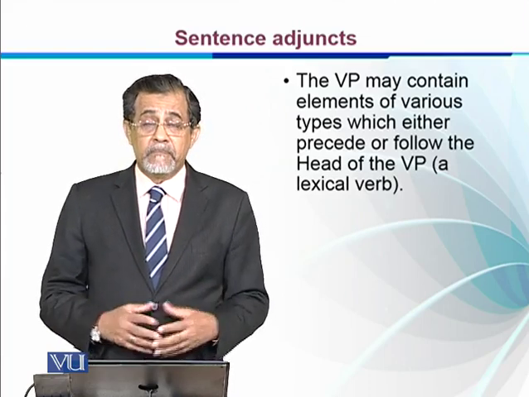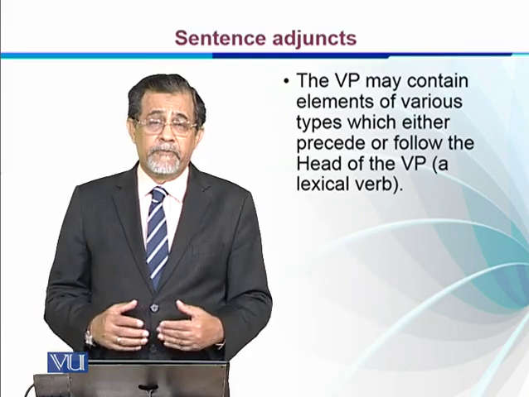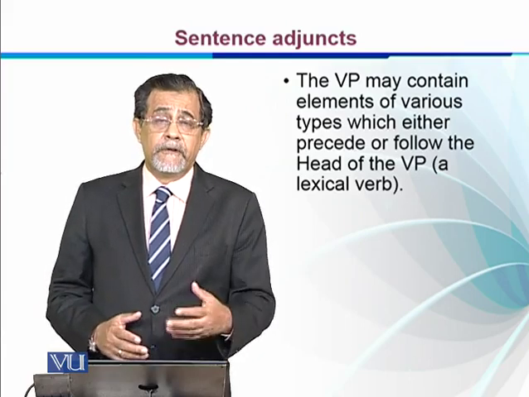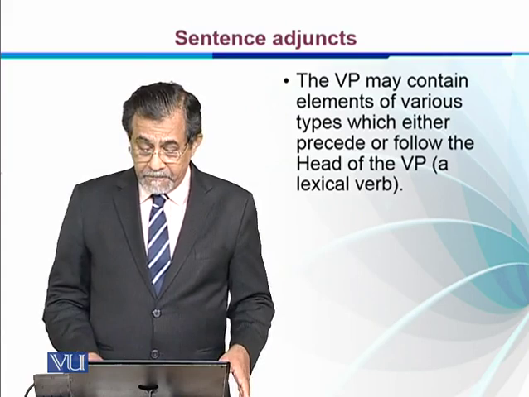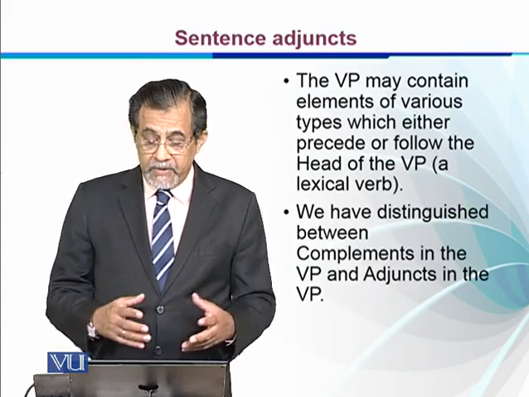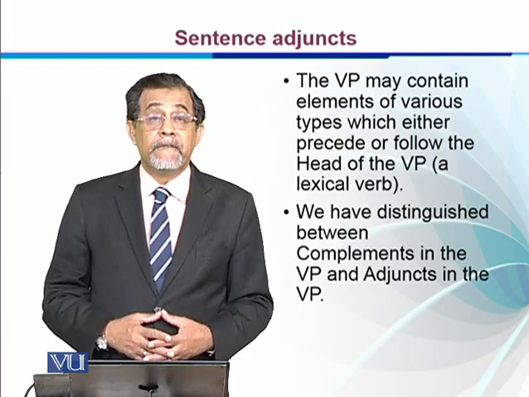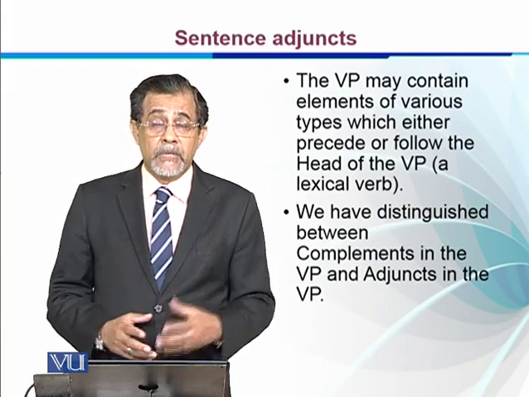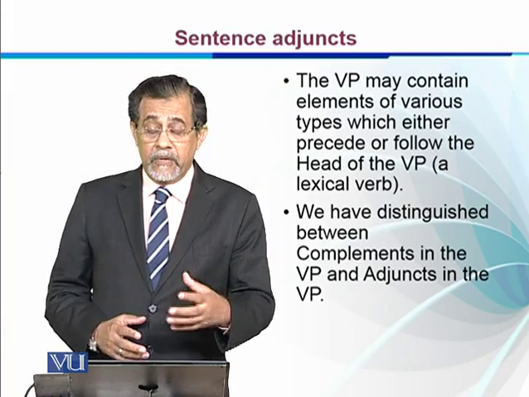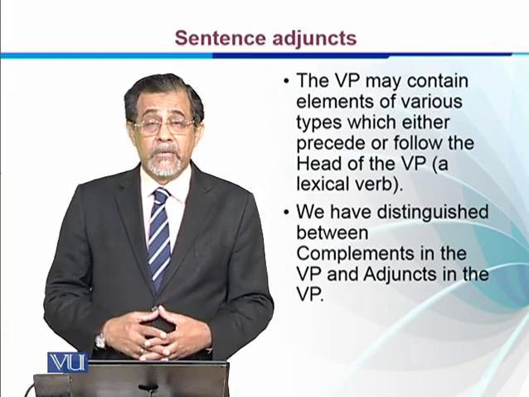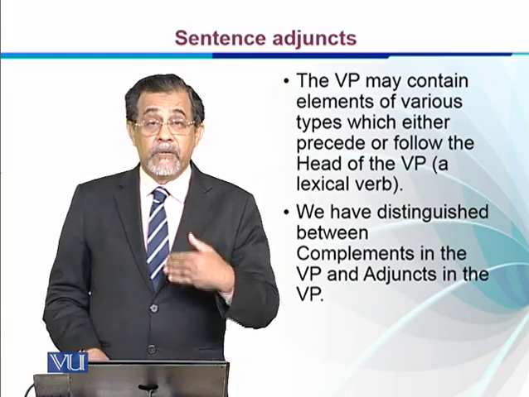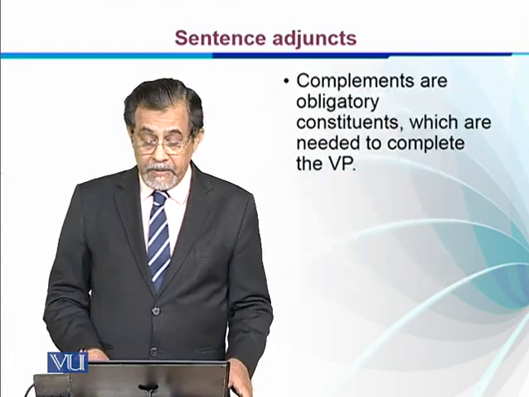Sometimes some of the elements come before the head of the verb phrase and sometimes later. So we have distinguished between complements in the VP and adjuncts in the VP. We have already talked about complements, and we have also just talked about adjuncts, which are found in a VP.